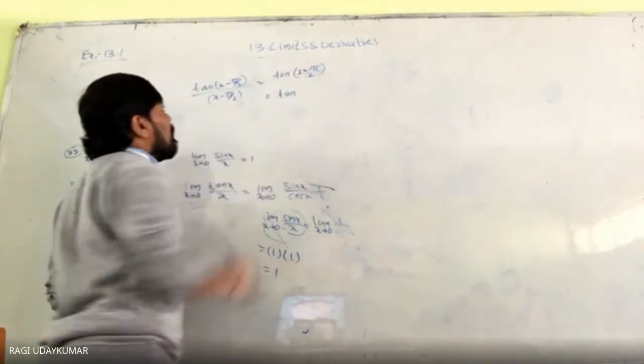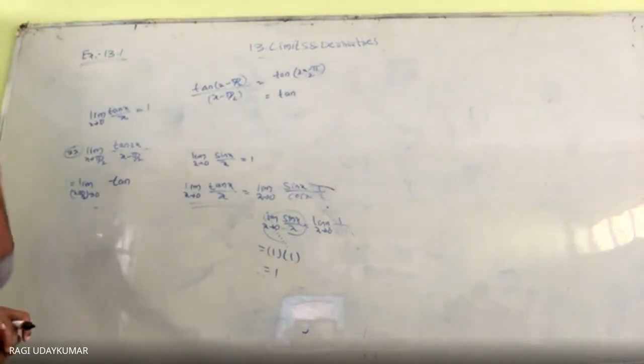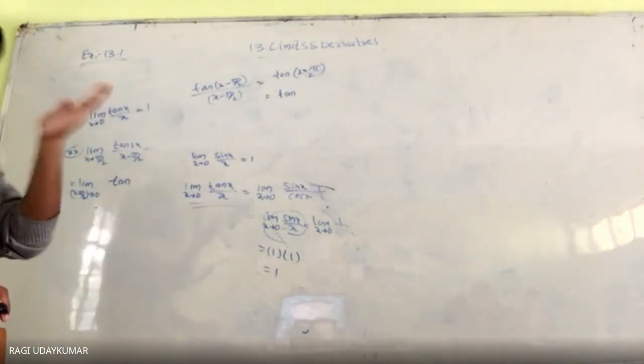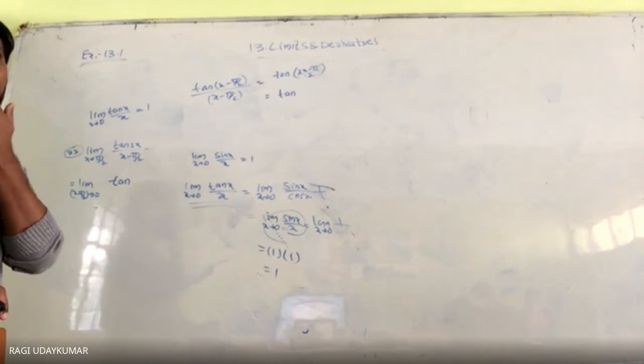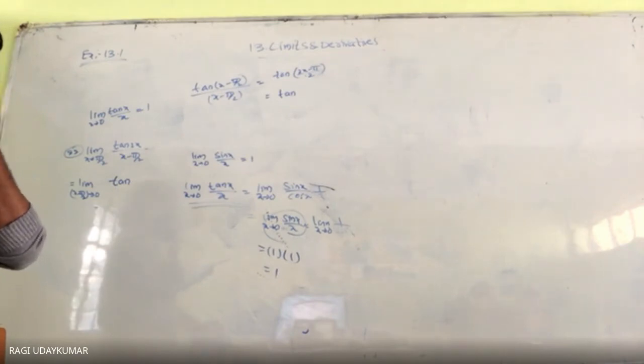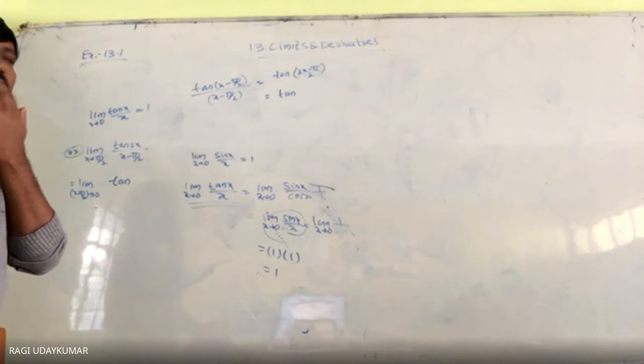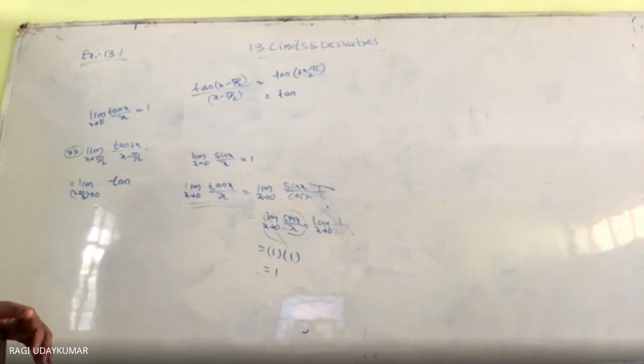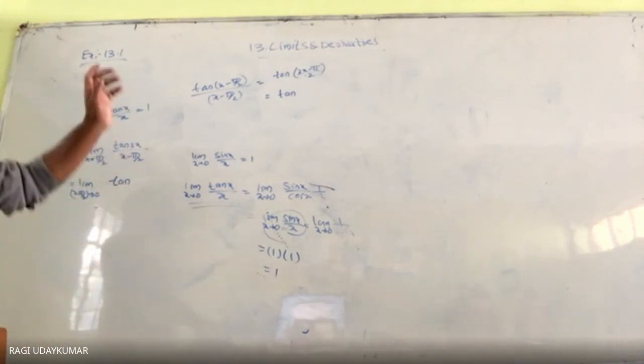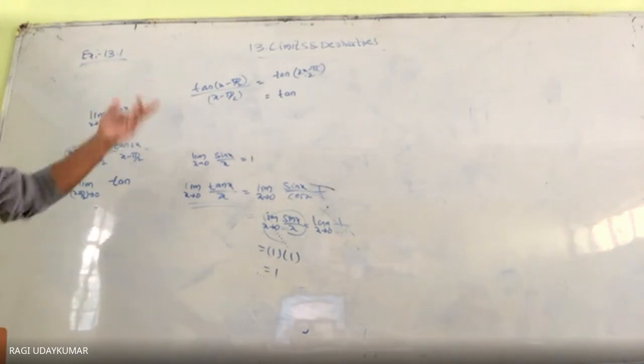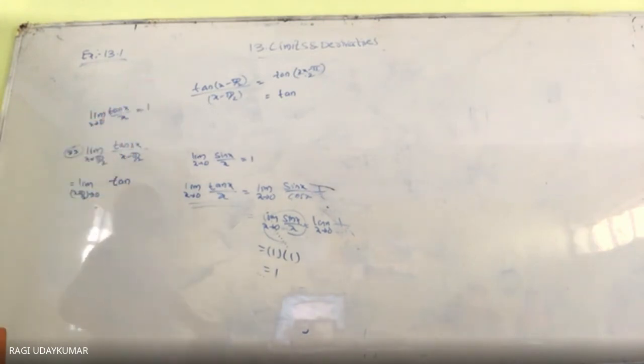Tan 2x minus 5 by 2. If you go like this from the back onwards, you need to think so that you will get an idea. We actually need 5 minus x by 2. From that, will you get tan 2x? Will you get tan 2x from that anyway?